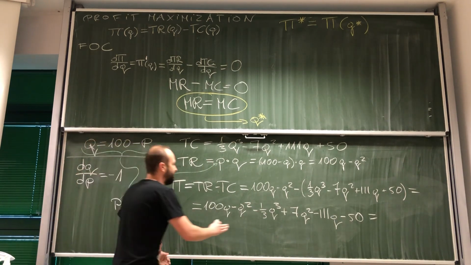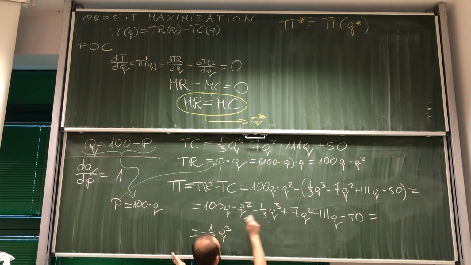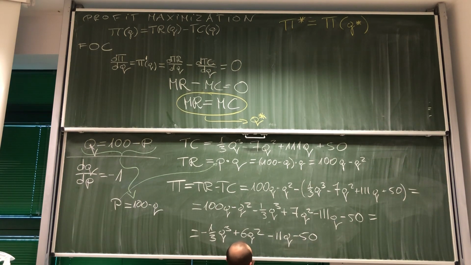Well, the expression with q cubed will definitely remain unchanged. Then we've got two expressions with q squared, so this is plus 6q squared. 100q minus 111q will give us a minus 11q, and then we just got minus 50.